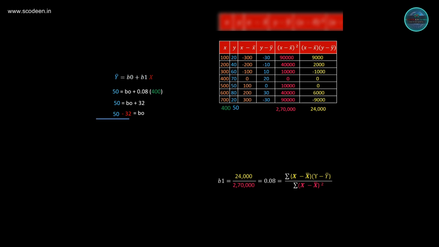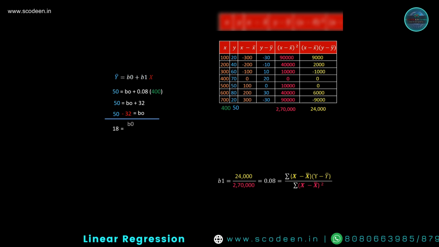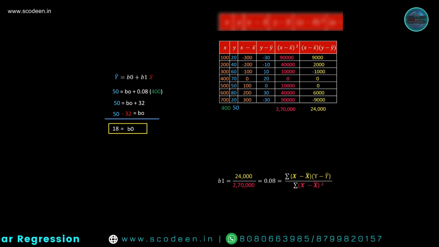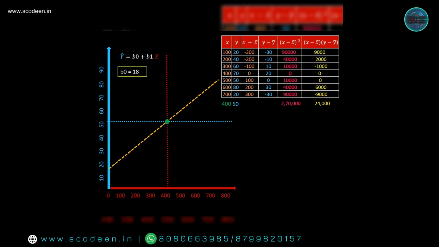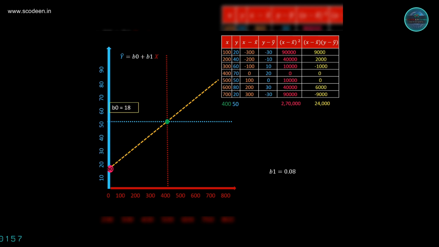The value of b0 will be 18. So now b0, the intercept point of the regression line, stands at the point 18. Here is the location. The most important point is identifying b0, the intercept point.